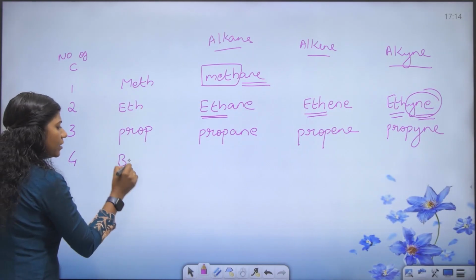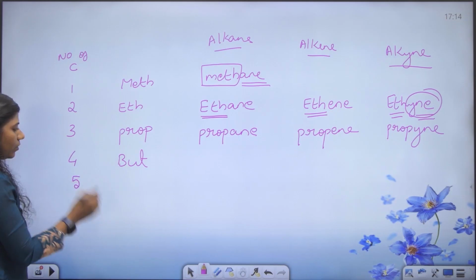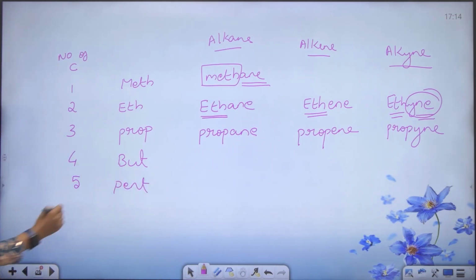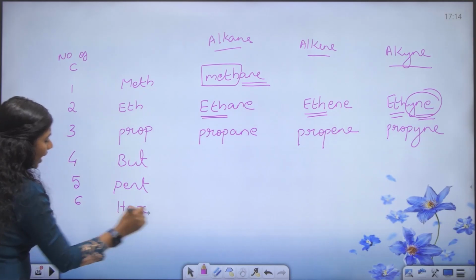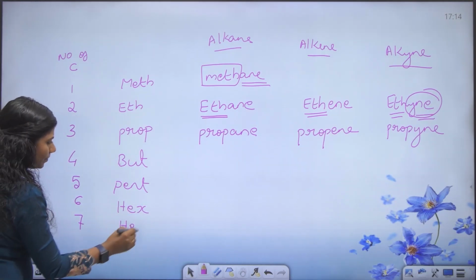Word root is but. Number of carbon atoms is 5, word root is pent. Number of carbon atoms is 6, the word root is hex. And number of carbon atoms is 7, word root is hept.